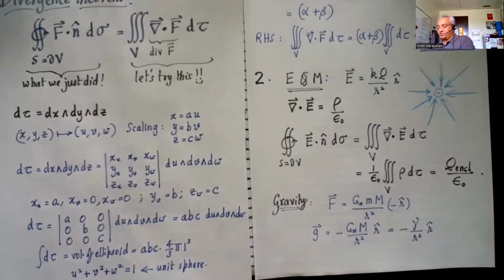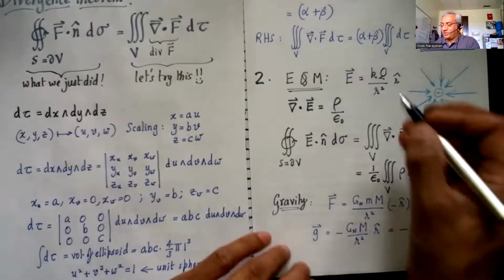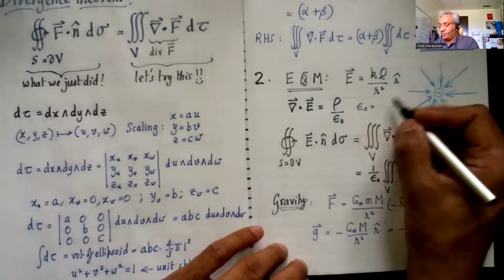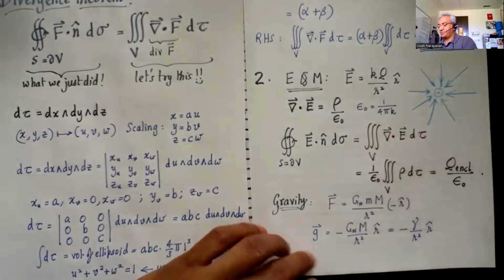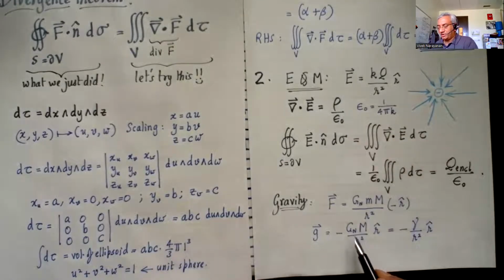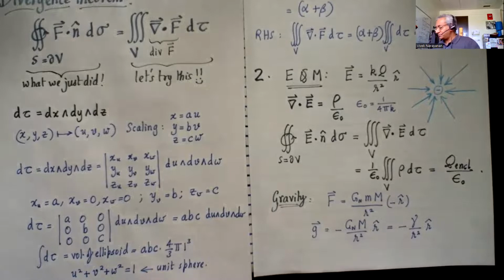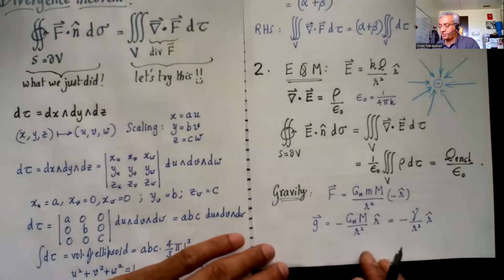So the divergence is going to have this epsilon naught, which is 1 over 4 pi k. Now, for now I'm going to stick with G sub n just to write down the analogy, and then I'll use gamma when necessary. So let's try to find an analogy here.